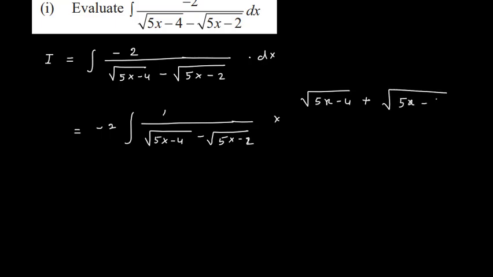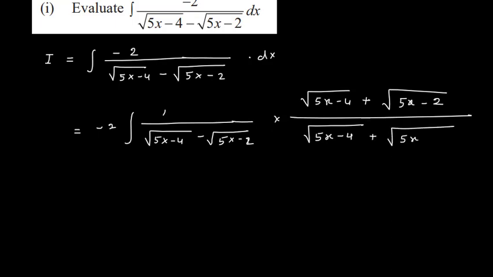So it is root of 5x minus 2, and whole divided by root of 5x minus 4 plus root of 5x minus 2.